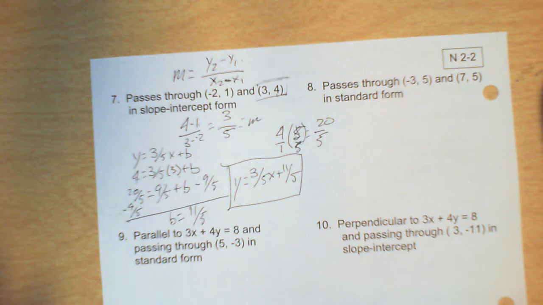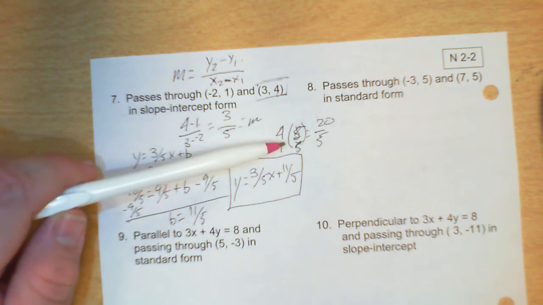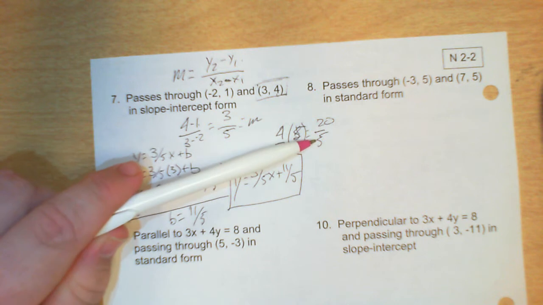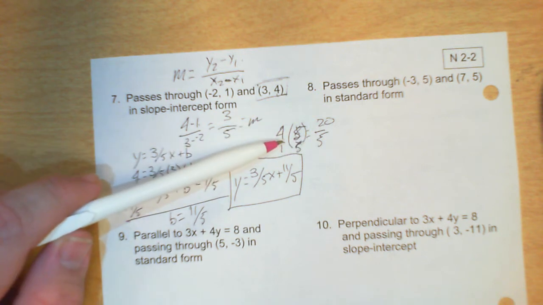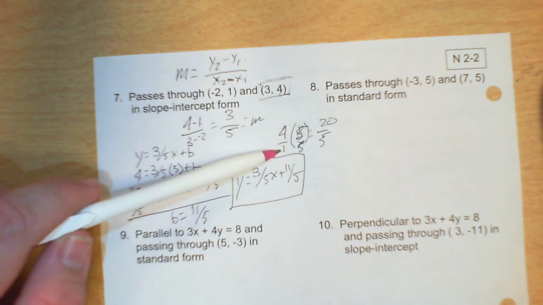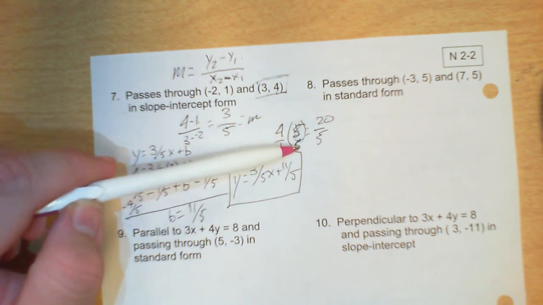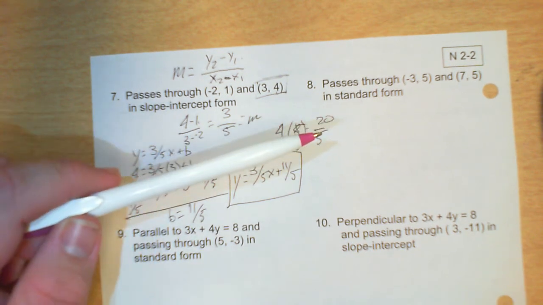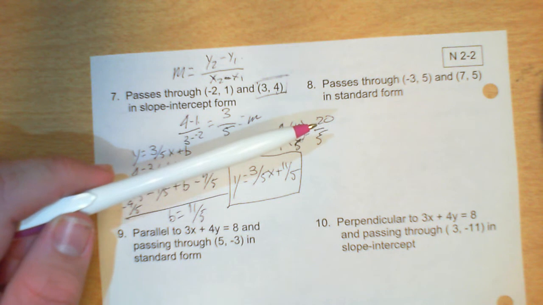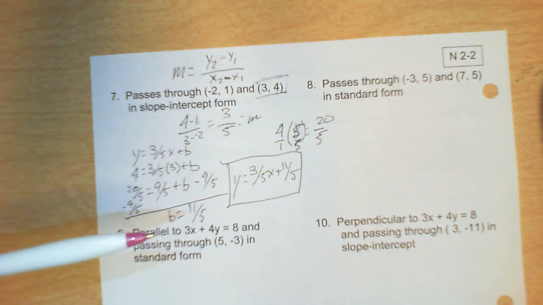I understand. So to do that, I convert it to have a common denominator with 5, which 4 is 4 over 1, right? So my whole number of 4 is 4 over 1, and I'm going to multiply both top and bottom by 5 to get a common denominator. I get how you do that. Okay, and so that's why I did it.